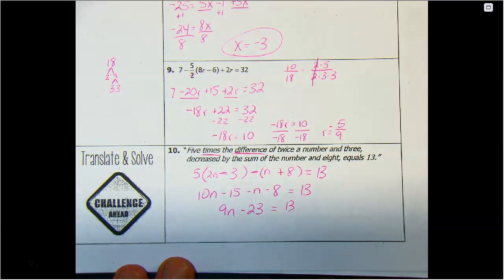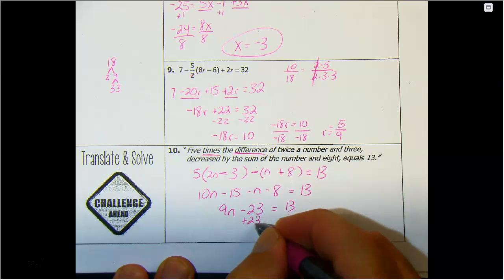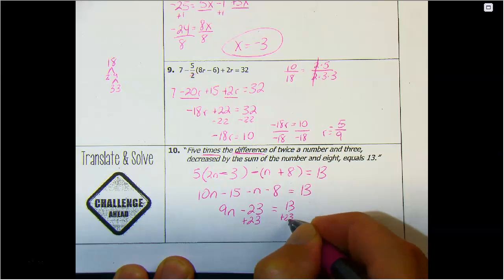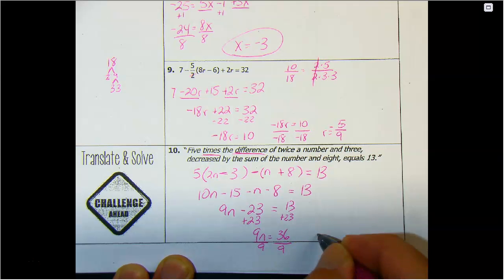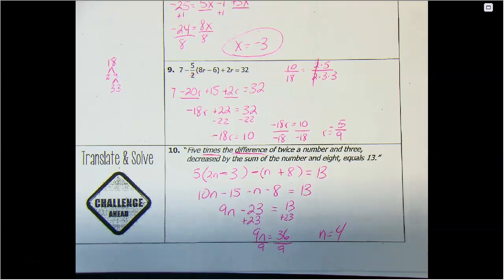And again, it's the same exact process we've been doing the whole time. I'm going to get that n by itself. I've got to get rid of the -23 by adding 23. 9n is equal to 36. We're going to divide that 9 out of there, and n equals 4.